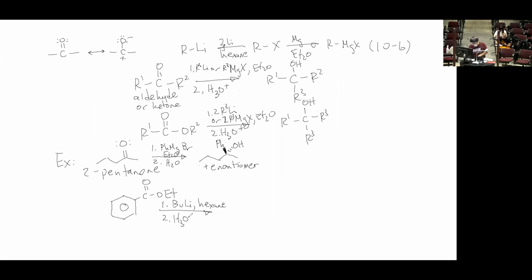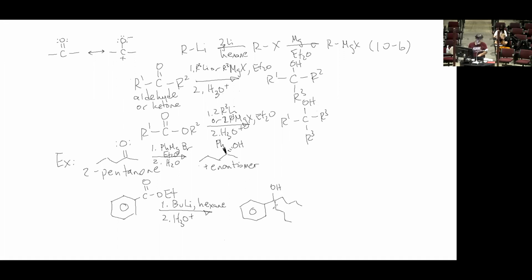So this is CH3, CH2, CH2, CH2 lithium, which is very easy to get. In fact, you can buy it in solution in hexane. But you could use pentane if you wanted. You could use diethyl ether if you wanted, just as long as it's a solvent that doesn't react with organometallic reagents. And then we did either a dilute acid workup or just water as a workup.